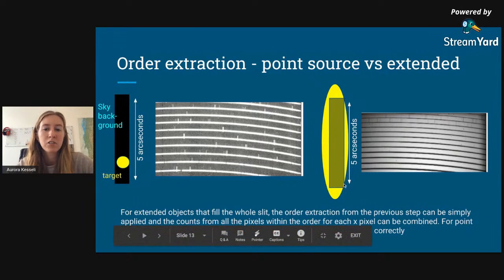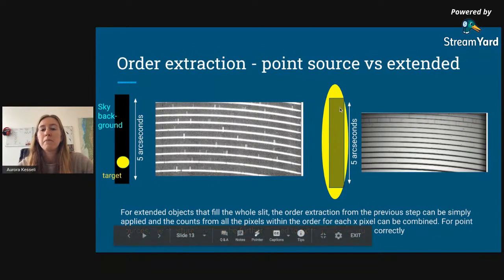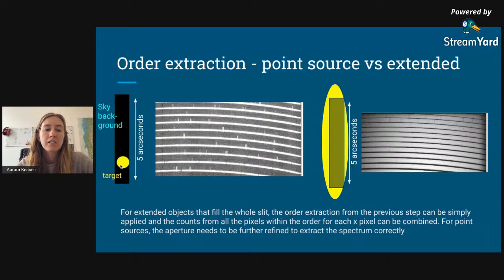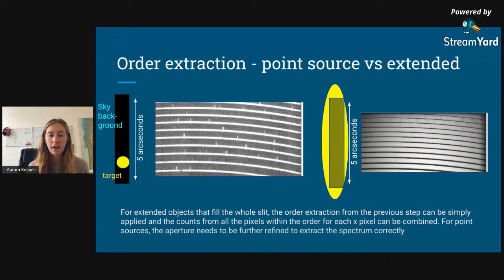Versus if you have an extended source, so when we looked at the sheet that had been uniformly illuminated, it took up the entire slit. And so you can see that the orders basically have no space between them. But here, because the target is only at the bottom of the slit, you have a lot more space between the orders. And so it is a bit more complicated to extract than just using the exact trace orders and combining everything in it if you're looking at point sources.